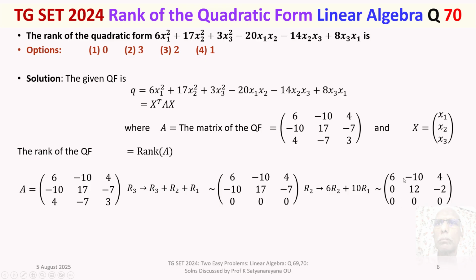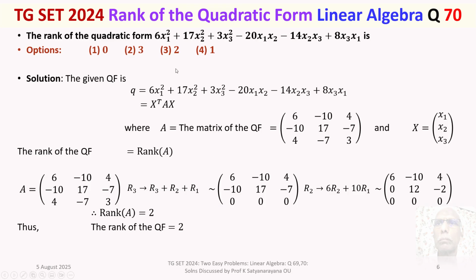This is in a row reduced echelon form. Don't worry about whether 1 is there in this position. Its rank is the number of non-zero rows in the row reduced echelon form, that is 2. The rank of A is the same as the rank of the quadratic form, that is equal to 2.